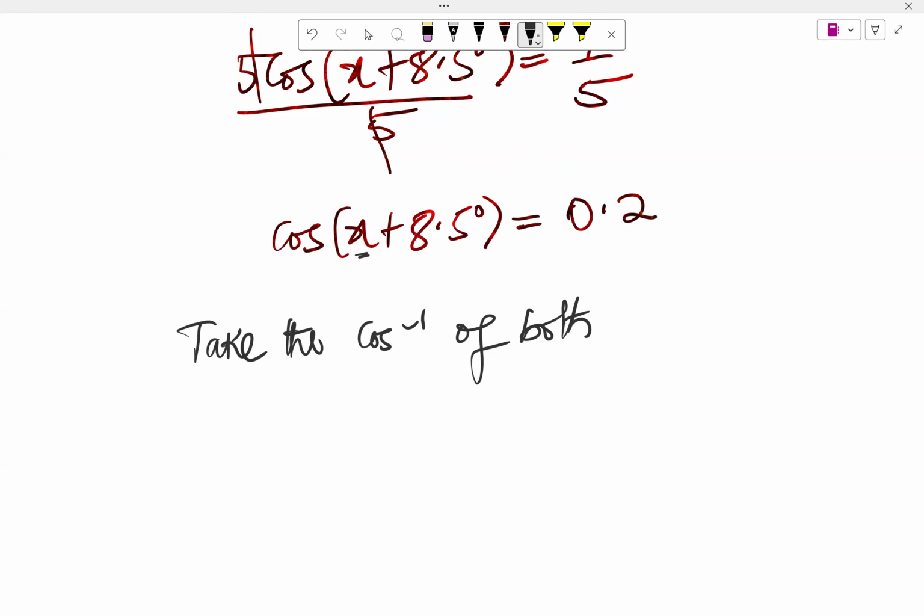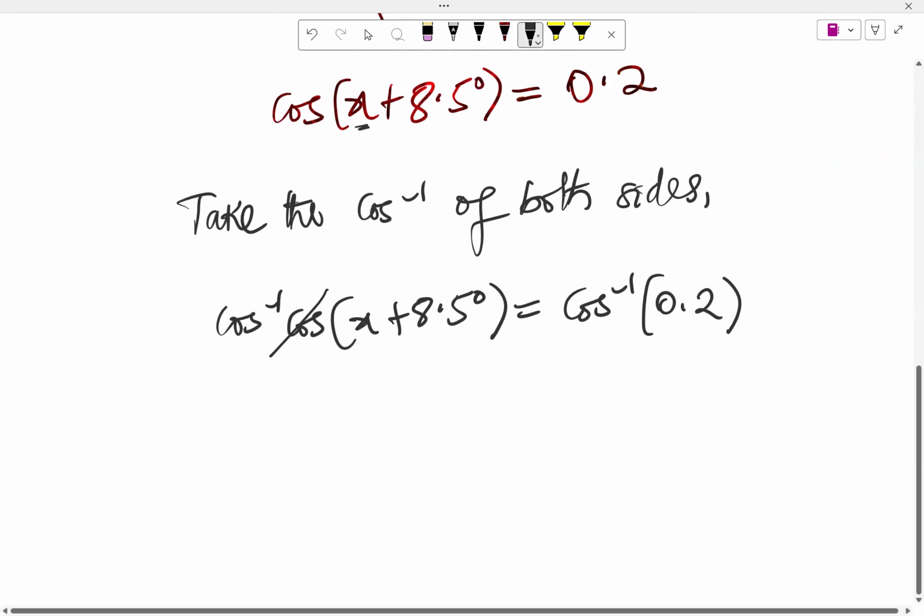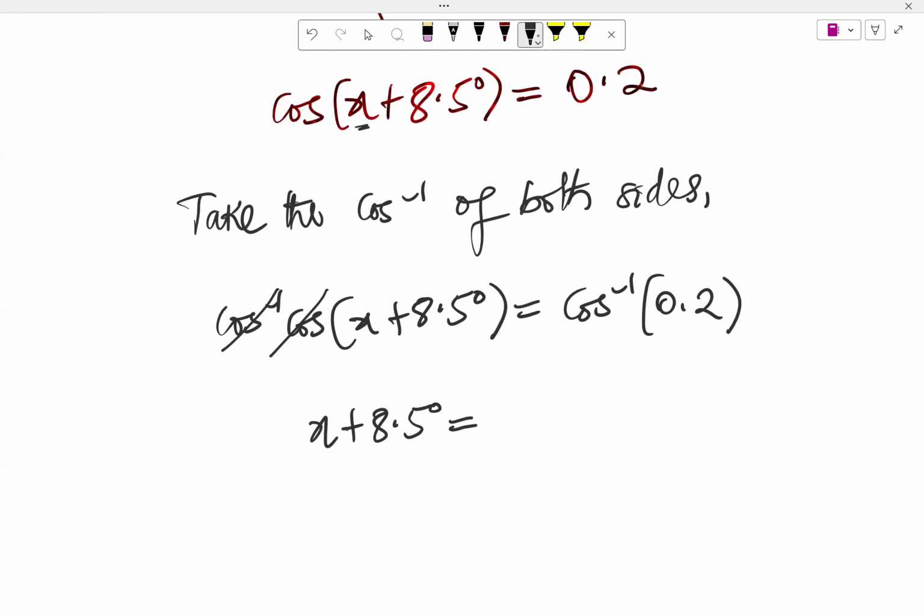The inverse of cos cancels cos. So we have arc cos of cos(x + 8.5 degrees) equals arc cos of 0.2. You see cos cancels cos like this, so we have x plus 8.5 degrees. x is getting freer and freer until we got here.